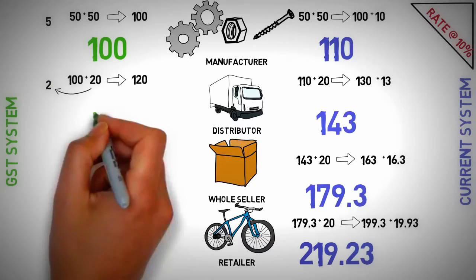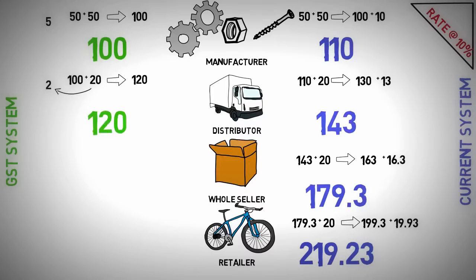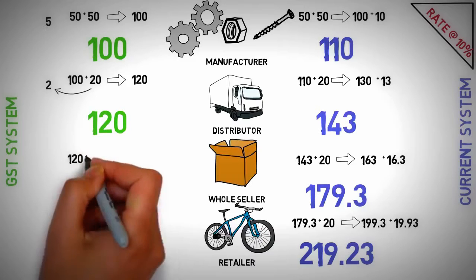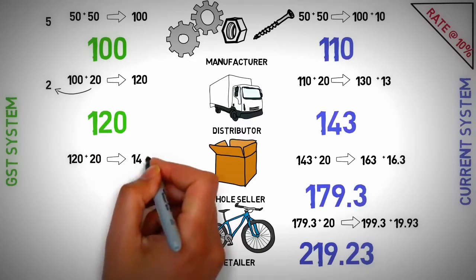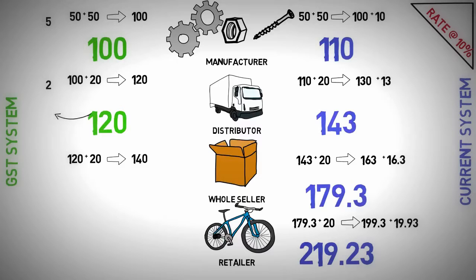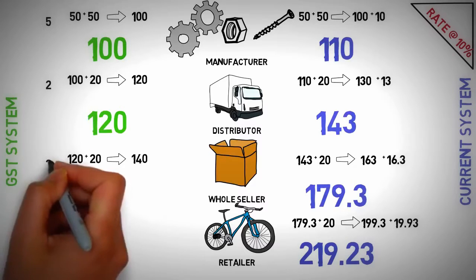The wholesaler buys the product for 120 rupees and follows the same pattern, adding 20 rupees as his profit, and the price will become 140 and he pays the tax of rupees 2 on his profit of 20 rupees.